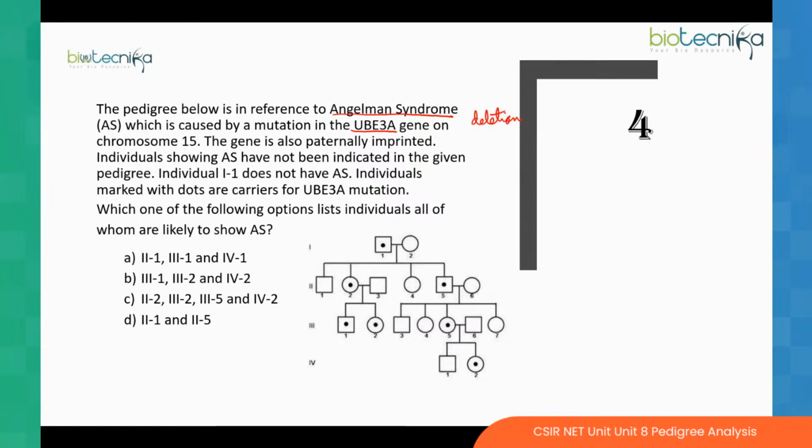Just like Angelman syndrome, there is another syndrome called Prader-Willi syndrome, which is also caused by a similar deletion in a similar location of chromosome number 15. What is the difference between them? Definitely, they have different symptoms, but genetically, what is the difference?